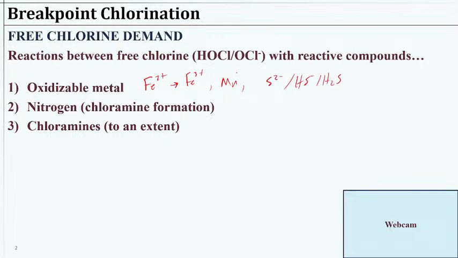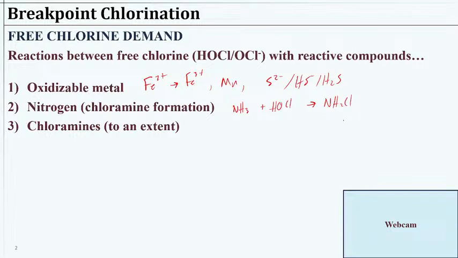Nitrogen is another example. So if we have any type of ammonia, like NH3 or NH4+, when we react that with free chlorine, what we end up with is a chlorinated ammonia, or we'd call it a chloramine. So in this case, we would end up with NH2Cl.